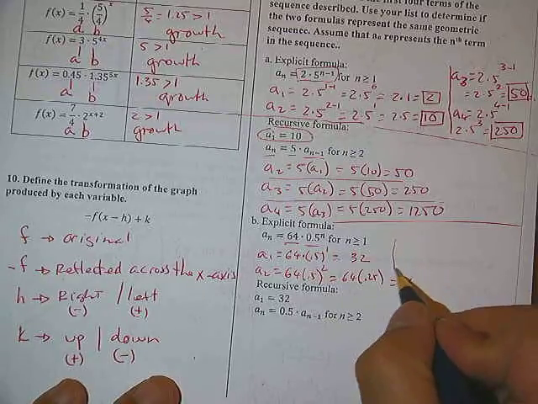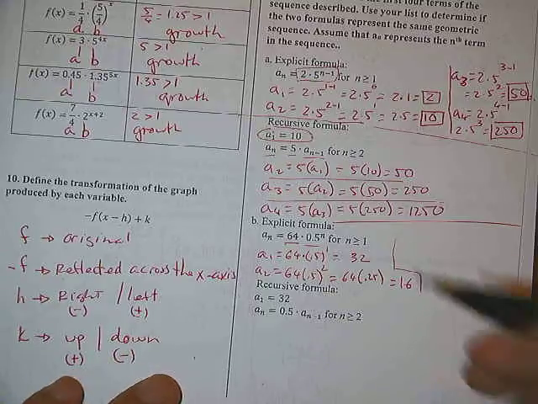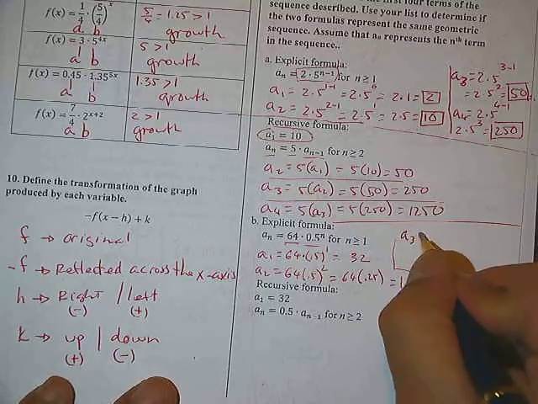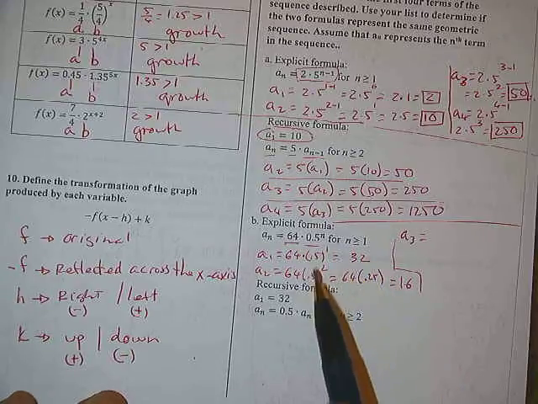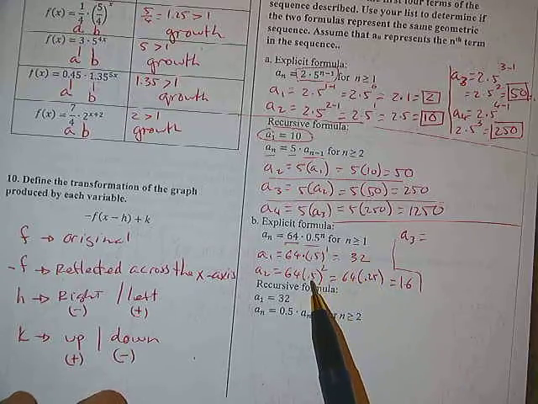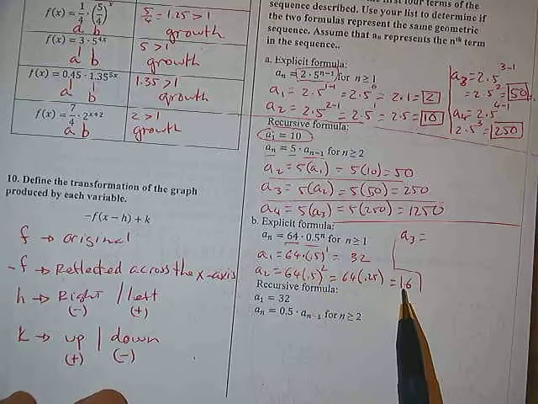The second term, it still is 64 times 0.5 raised to the second power. So that's going to be 64 times 0.25. That's a quarter of 64, and that's going to be 16.